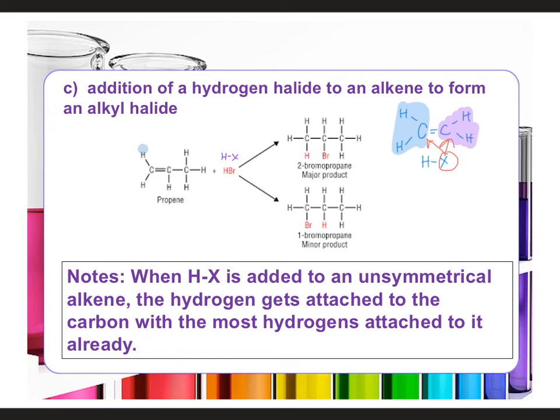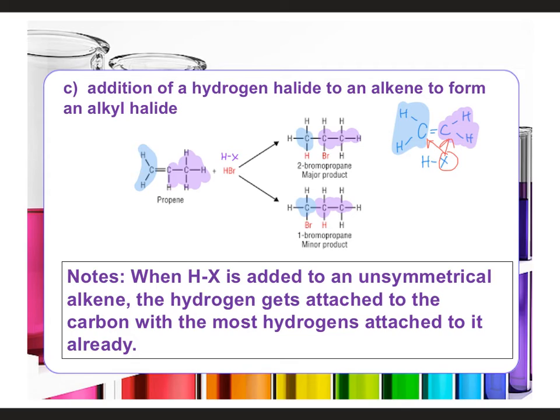However, when we have an unsymmetrical alkene, there are slightly different rules. So the ethyl group, I'm going to colour in purple, and the methyl group, I'm going to colour in blue.